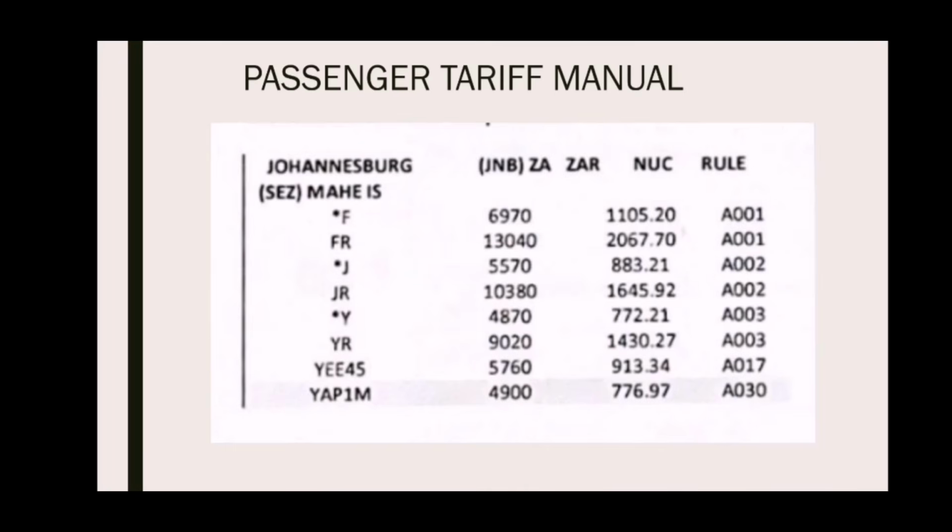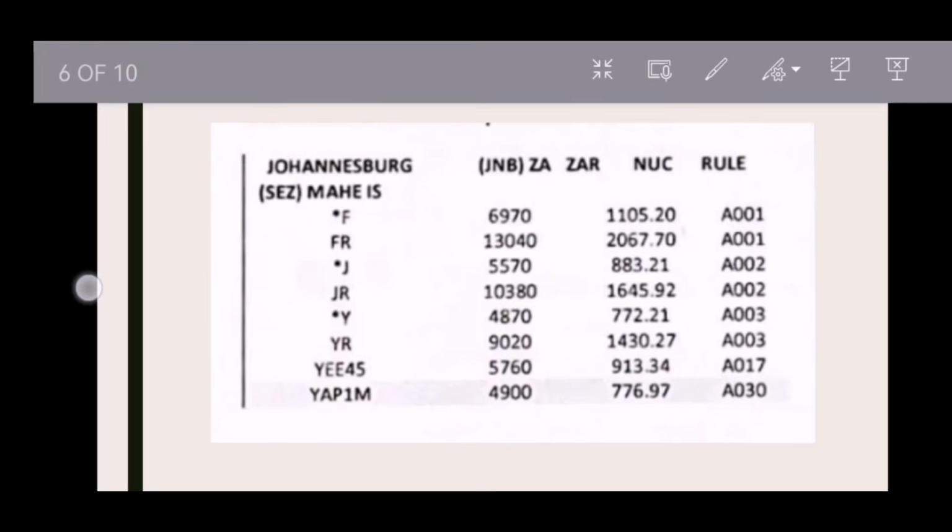So the fare that you're going to be using is already filtered down for you. You don't have to go in and check and compare between all the other fares because the fare is already highlighted for you with the fare basis and the fare rule, right?